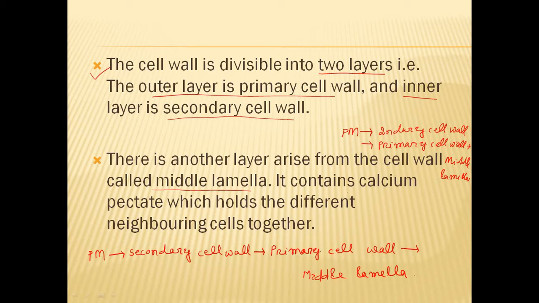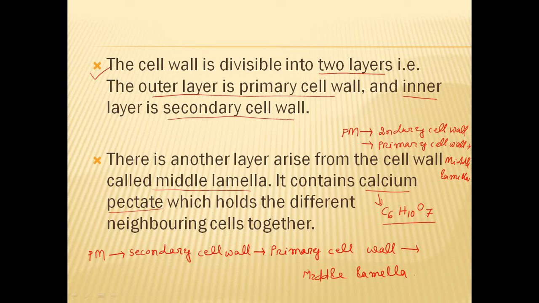Middle lamella consists of calcium pectate. Pectate is a salt derived from calcium which acts as a glue, and it is present in the middle lamella, which makes it a sticky substance, and this sticky glue helps in holding the cells with each other. Its formula is C6H10O7. Okay, I hope it is clear now.